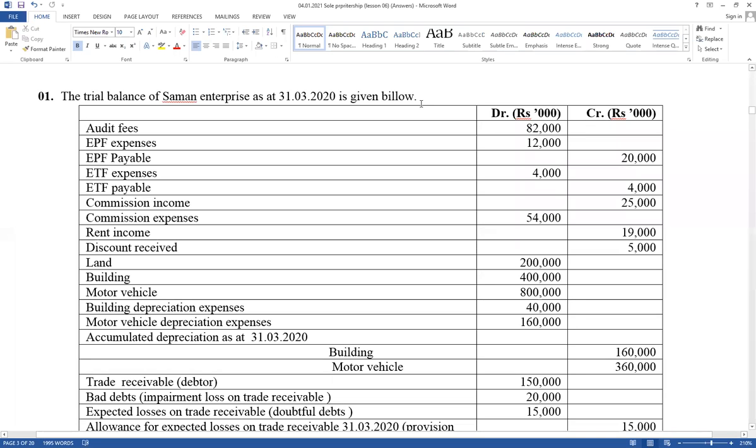Then, information included in the prime entry books should be recorded in the ledger by using the double entry system. Think about the ledgers we have discussed already: general ledger and debtors and creditors ledger. By closing the general ledger accounts, you have to prepare a trial balance. It has been given here. Therefore, now you have to know, based on the trial balance, how to prepare financial statements.